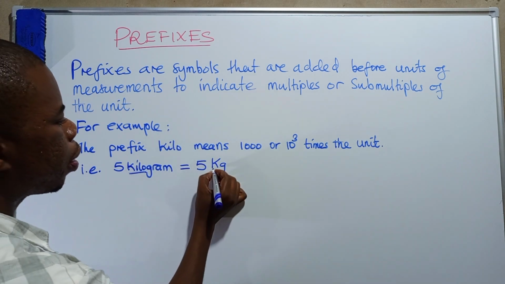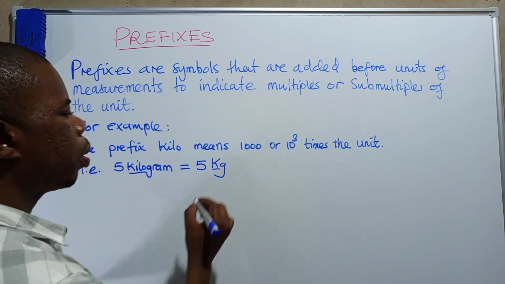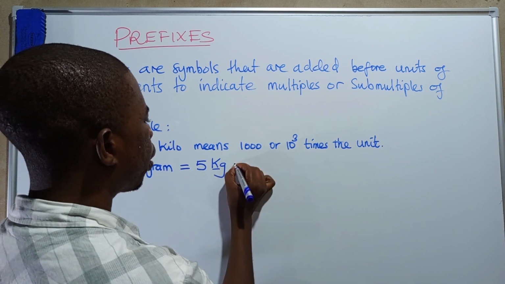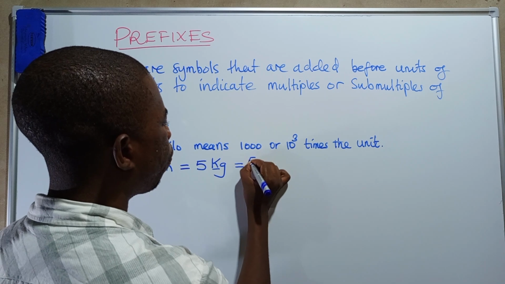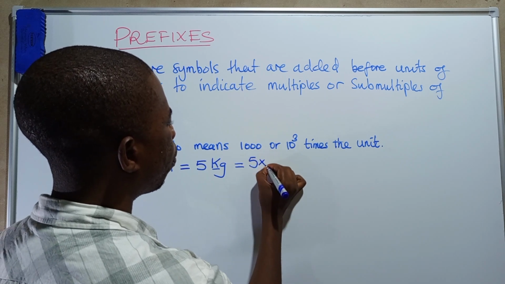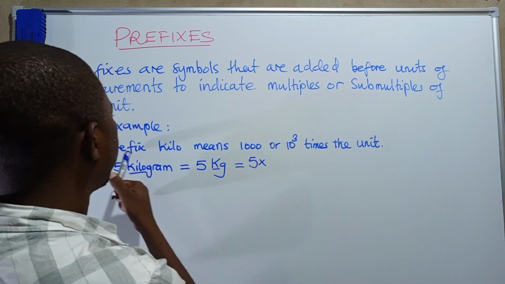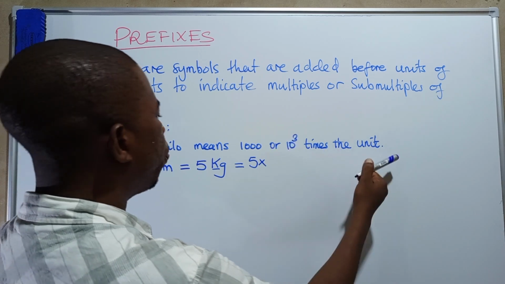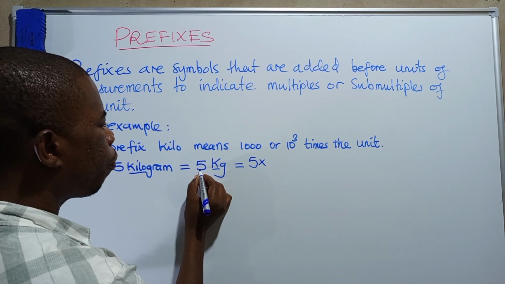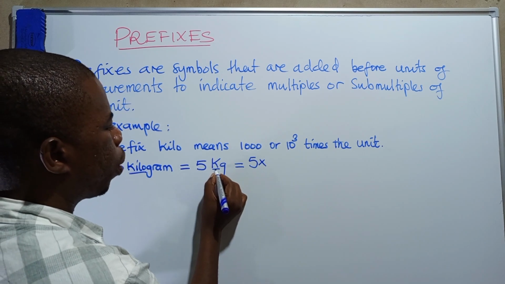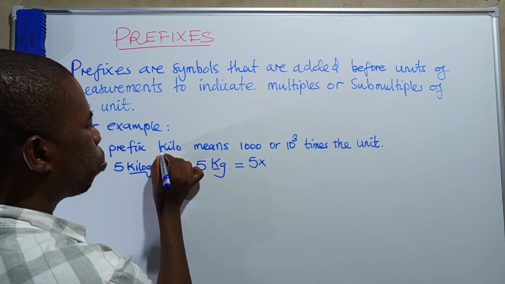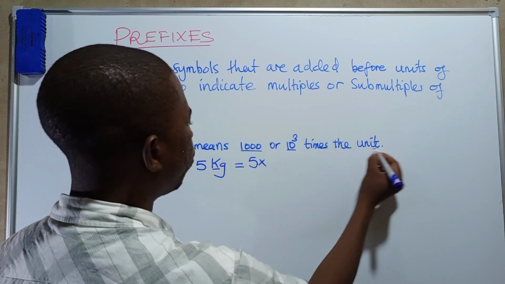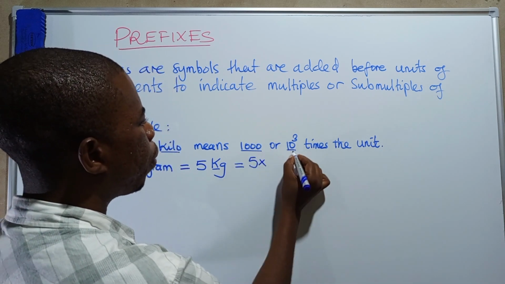Now, this prefix kilo represents 1000 or 10 to the power 3. So this can be written as 5 times 10 to the power 3, because like I've said, the prefix kilo means 1000 or 10 to the power 3 times the unit.